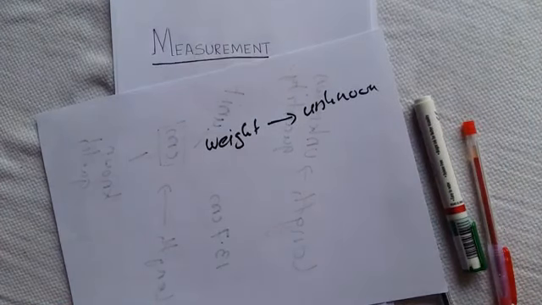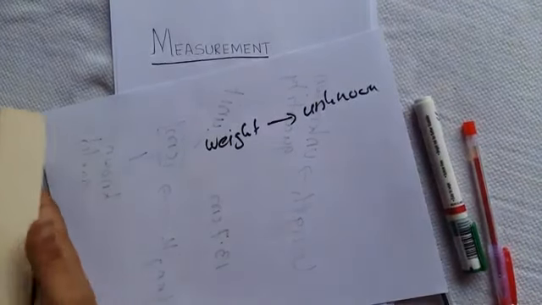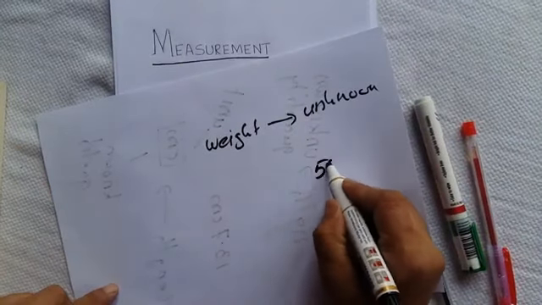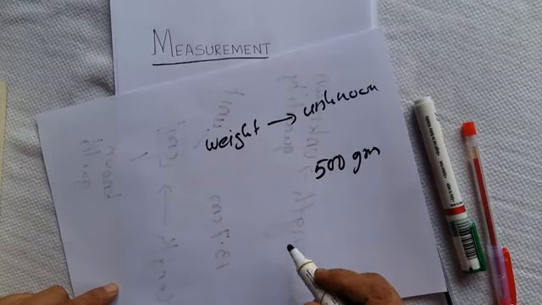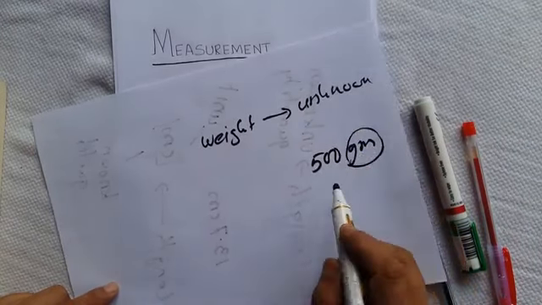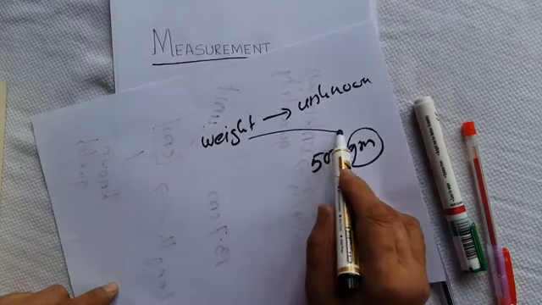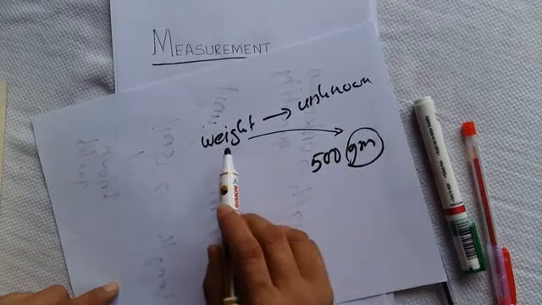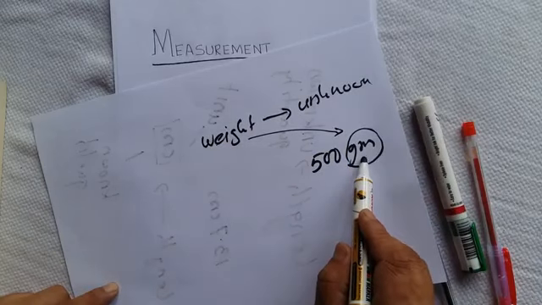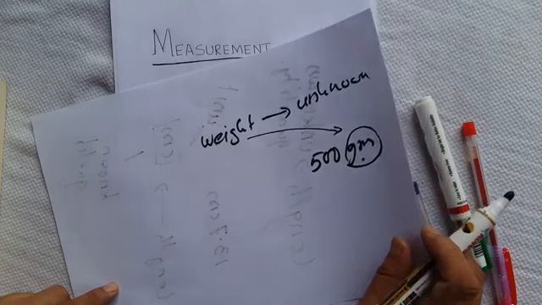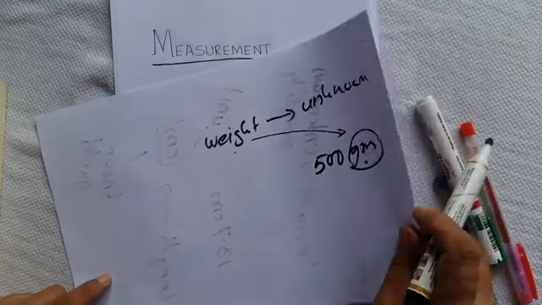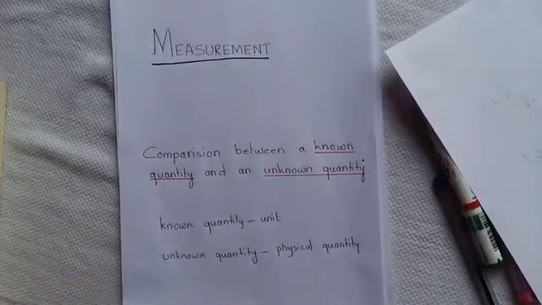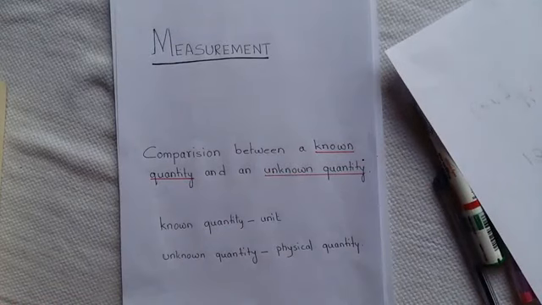But after weighing it you find out that it is 500 gram, then here gram is the known quantity because I'm comparing the weight with gram. So it's a comparison between unknown quantity and the known quantity. So this is called measurement. That is the comparison between unknown quantity and the known quantity is called measurement. So measurement means comparing the unknown quantity with a known quantity.